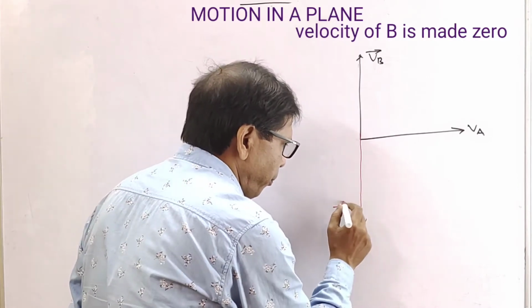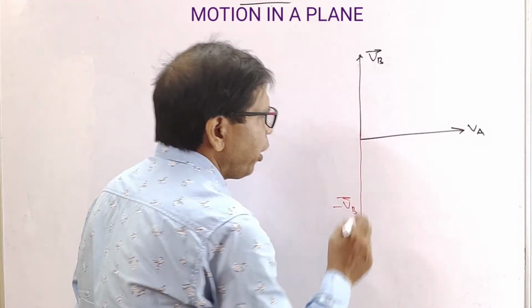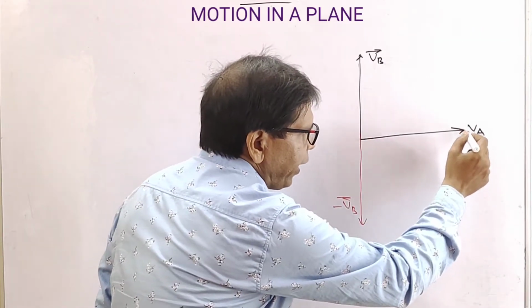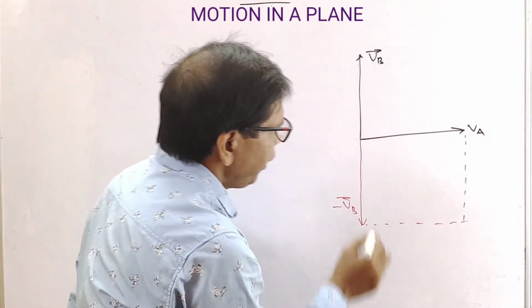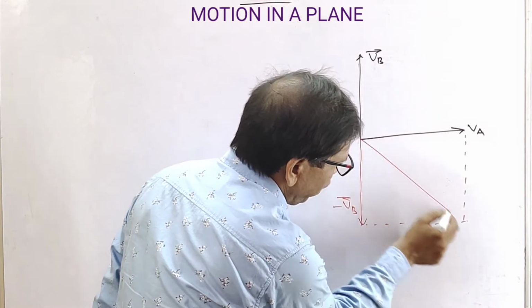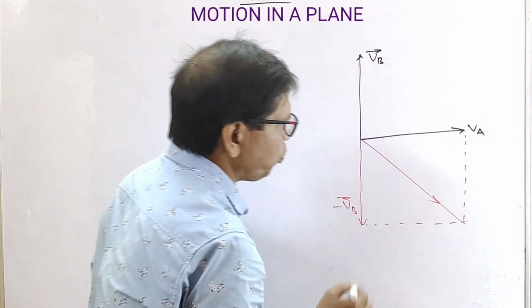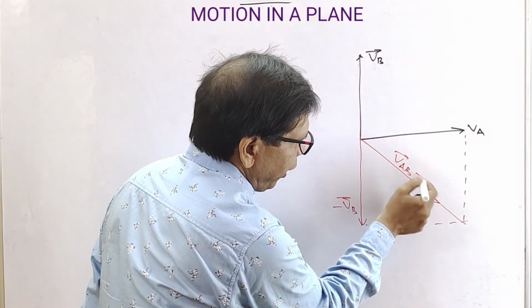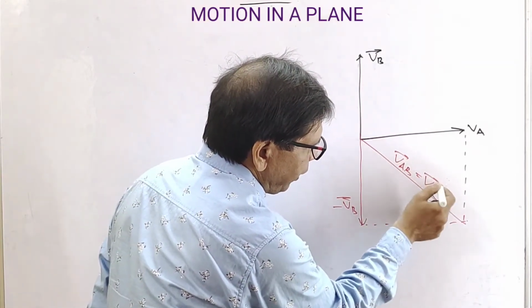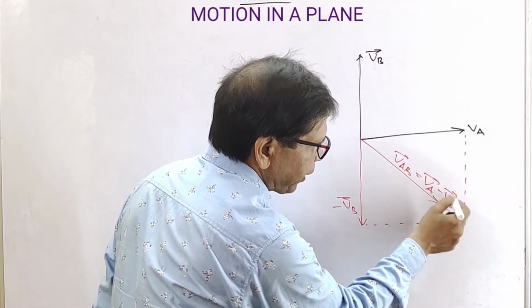Look at this, this is minus VB. So the resultant of VA and minus VB is the relative velocity of A with respect to B. This is VAB vector equal to VA vector minus VB vector.